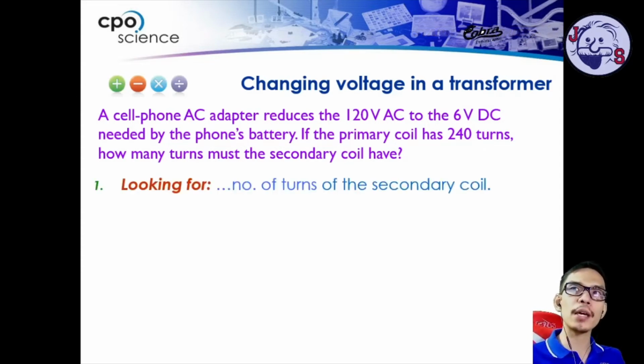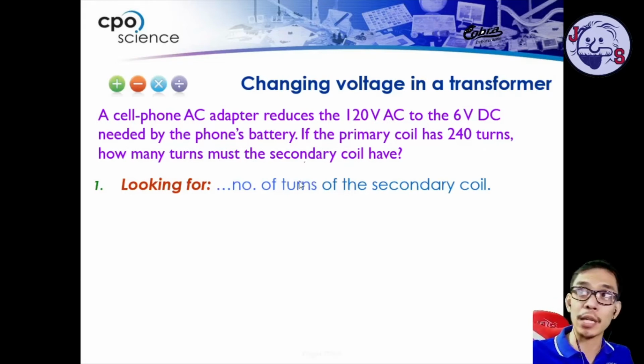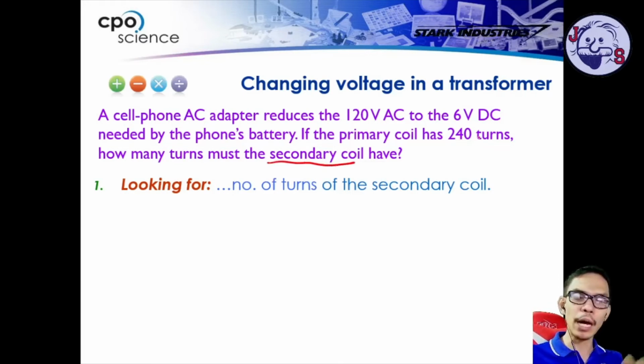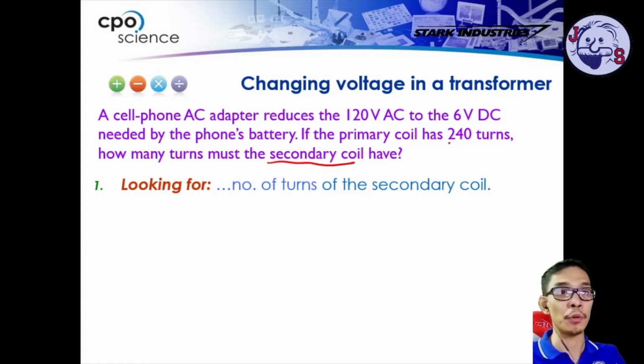Alright, so first, the problem is looking for the number of turns in the secondary coil. It was stated very clearly in this problem. Now, our problem is who is the primary voltage and who is the secondary voltage.